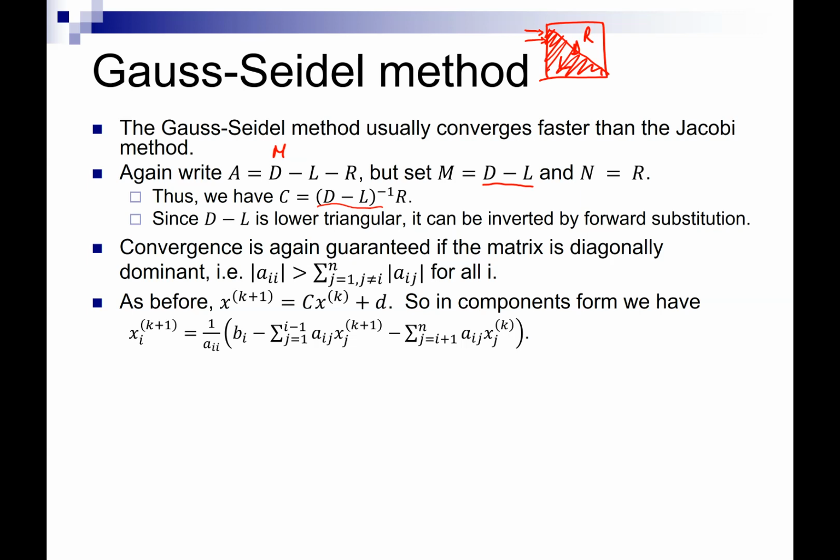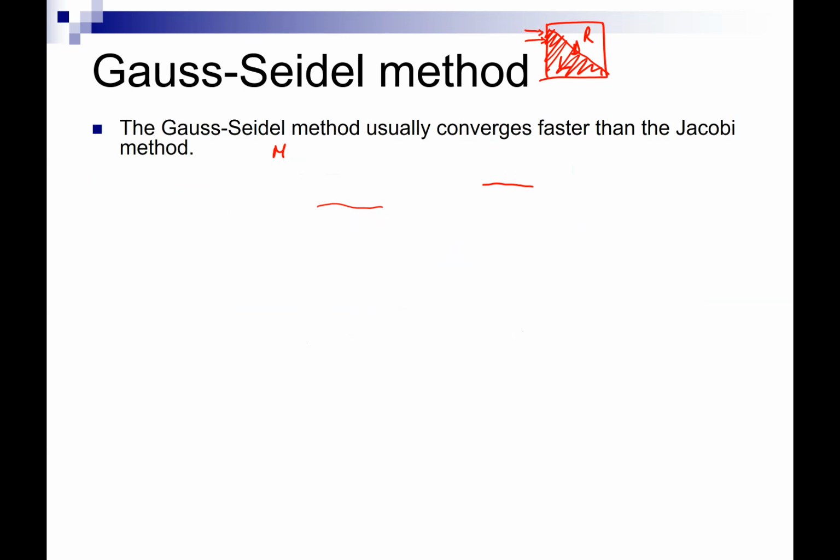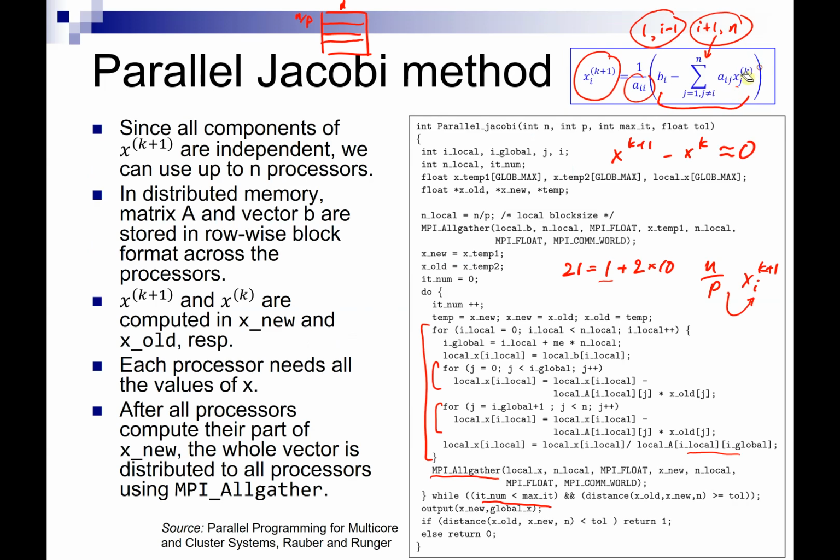Intuitively, we're not going to do the proof of this, but what is happening is that in the Jacobi method, the sum only used values from the previous iteration, the kth iteration, and presumably the kth iteration is less accurate than the k plus first iteration, because as we iterate, we get better and better approximations for x star. So the Jacobi method is using these inaccurate values for x.